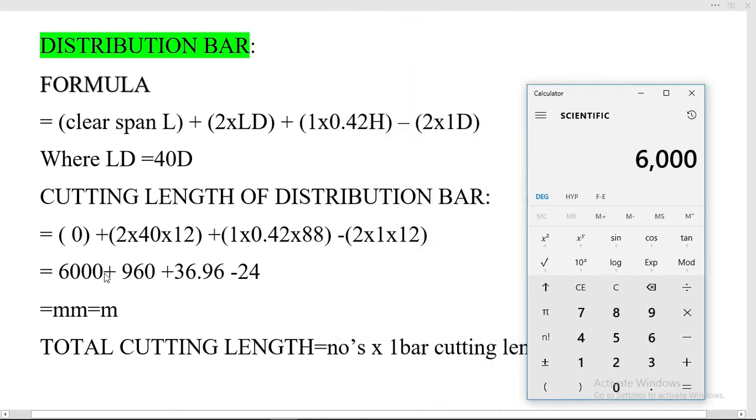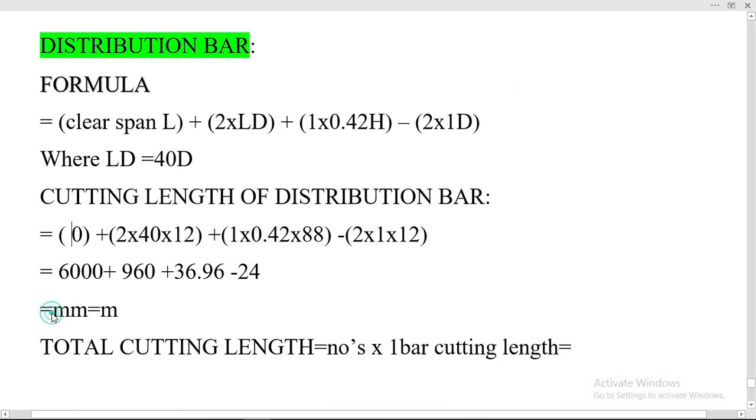6000 plus 960, then plus 36.96 minus 24. 6972, let me take it 6973. 6973 millimeter.